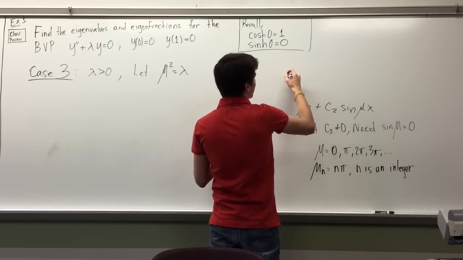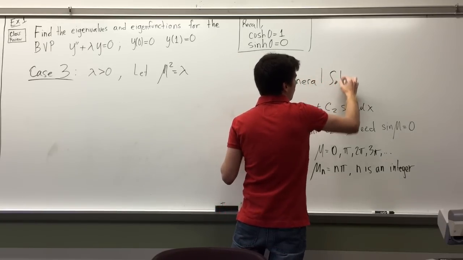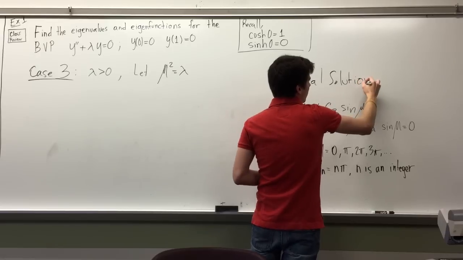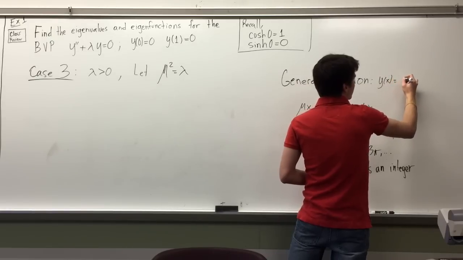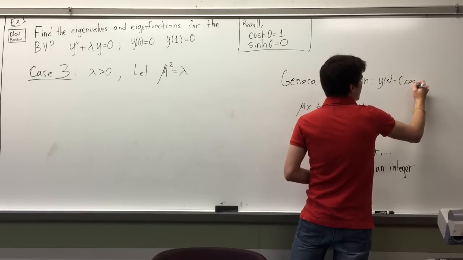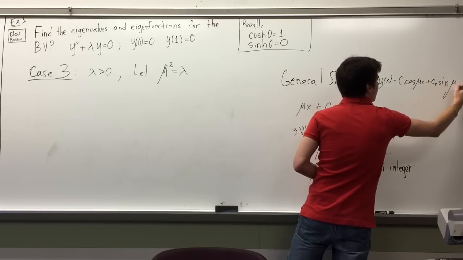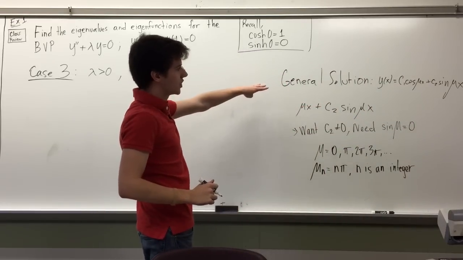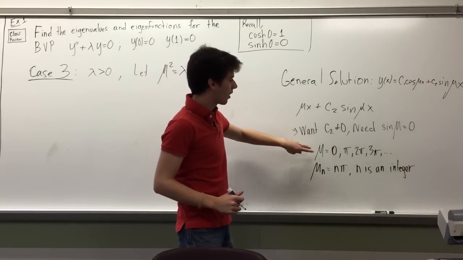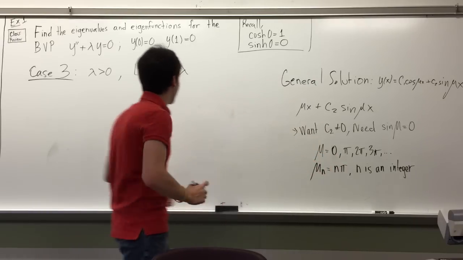Our general solution, which I erased but need to write back again, is y of x is equal to c1 cosine mu x plus c2 sine of mu x. So this is our general solution, and we found our values of mu. Mu is equal to n pi, where n is an integer.